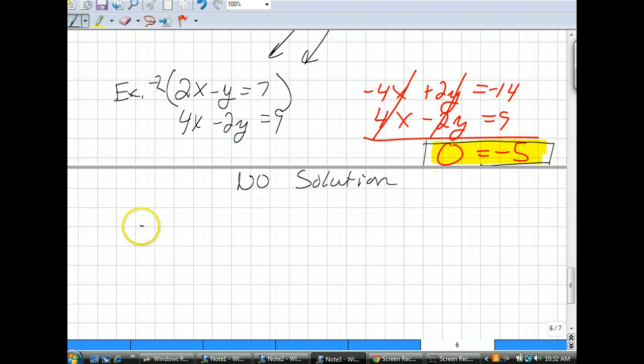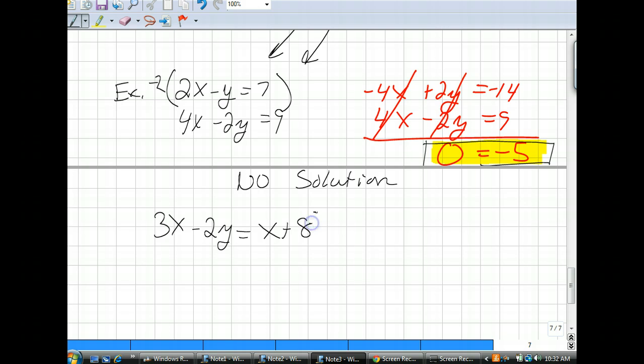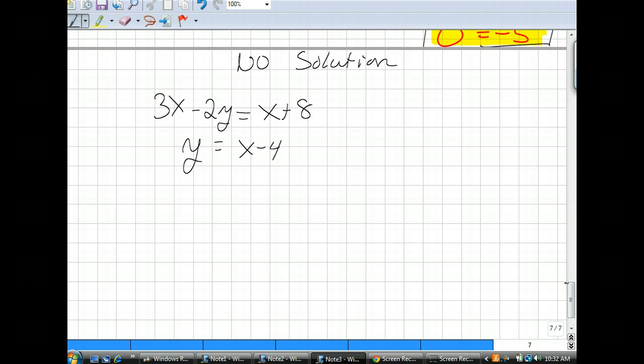The next example, let's say I have the system 3x minus 2y equals x plus 8, and I have y equals x minus 4. Well, this system is an excellent candidate for substitution method, because in place of this y, I can substitute x minus 4, and then I can solve the equation.